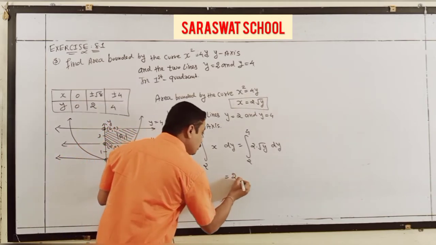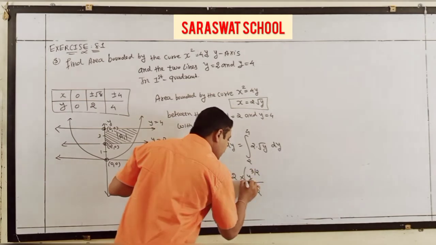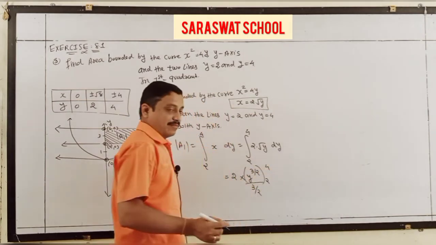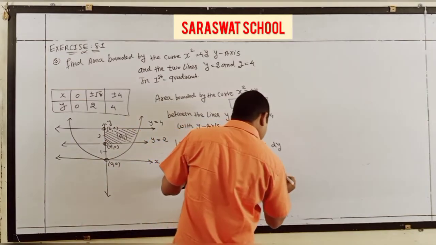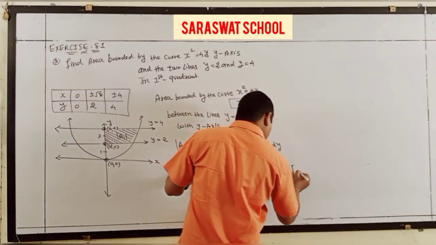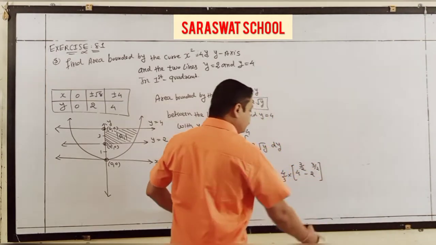So 2 times y raised to 3 by 2 divided by 3 by 2, limit 2 to 4. So 2 to 4, yes, it is 4 by 3, and here apply 4 raised to 3 by 2 minus 2 raised to 3 by 2.